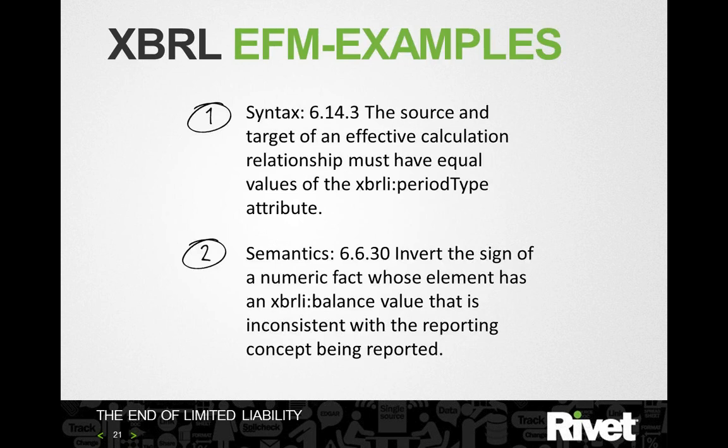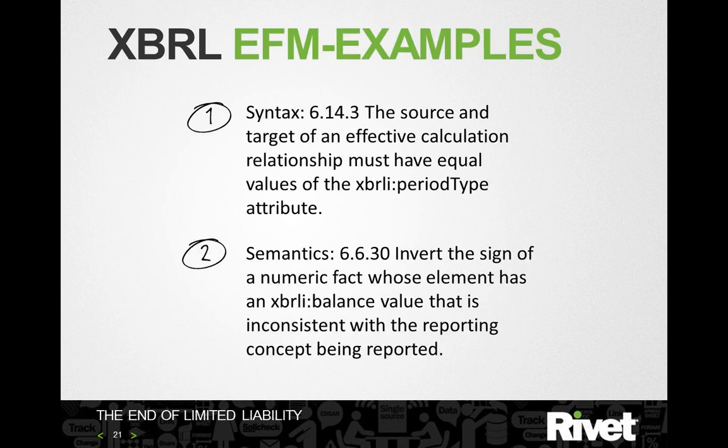The next one is semantics, which is 6.3.30, which is: invert the sign of a numeric fact whose element has an XBRL balance value that is inconsistent with the reporting concept being reported. This is important, and a lot of times it takes some human input.